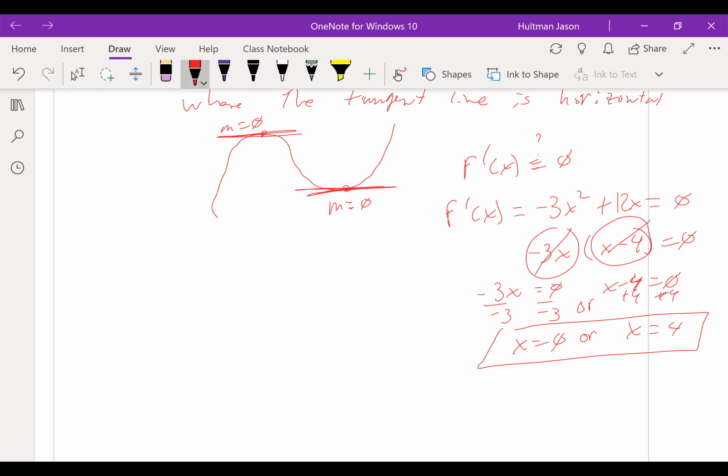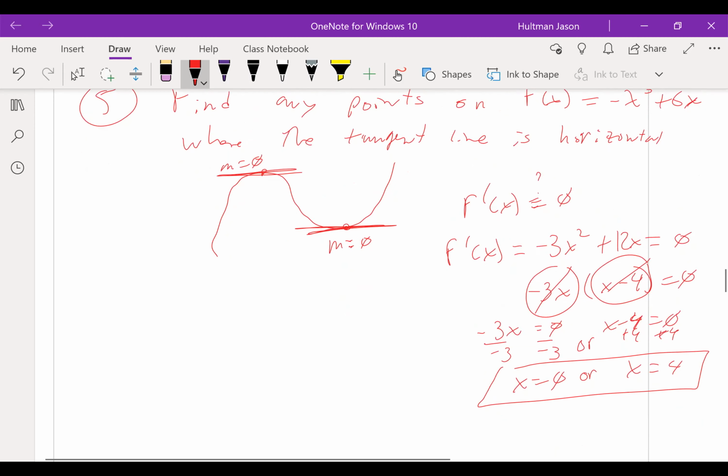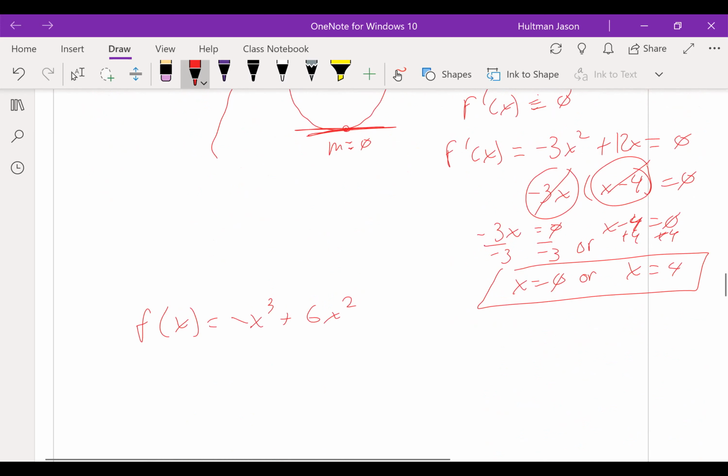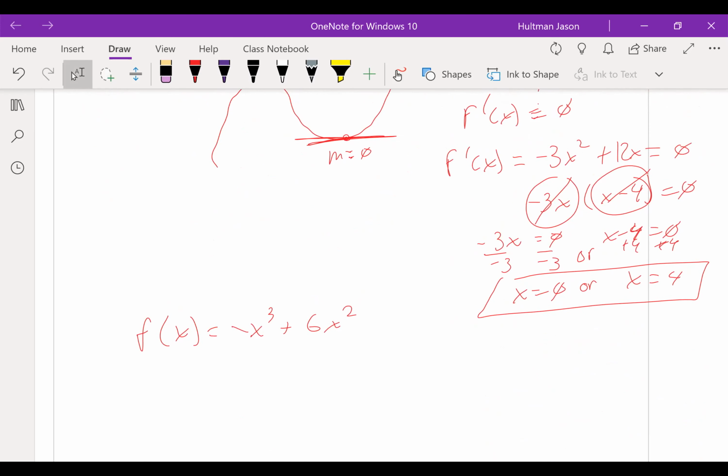Okay, so what are the points here? To find the points, we have to plug these back into the original function. So what was the original function? f of x is equal to negative x cubed plus 6x squared, right? So let's plug in f of 0 and see what we get.